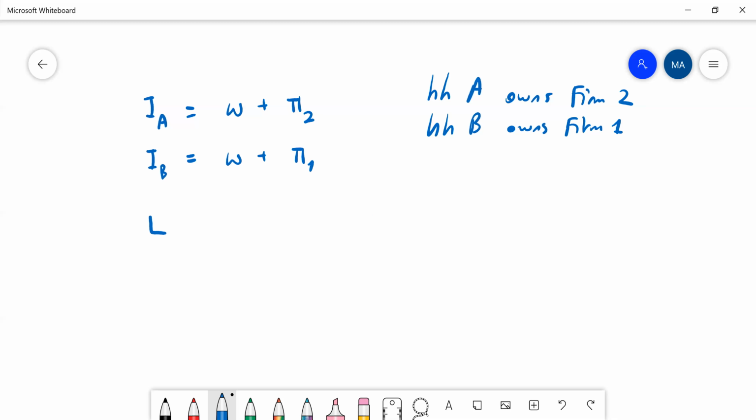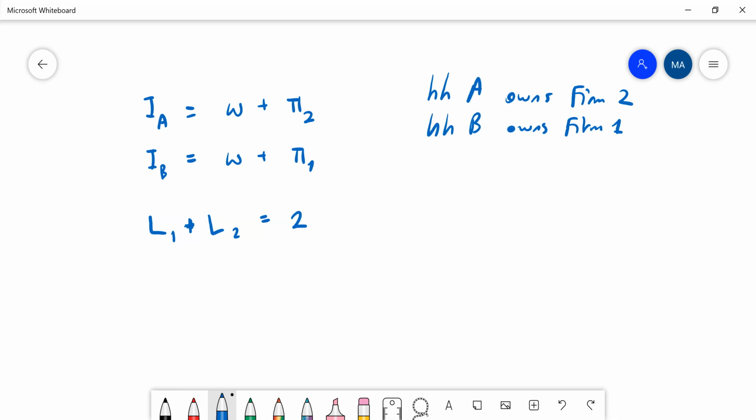And finally, you will have the market clearing conditions. First, you will have labor market clearing. These consumers are in the meantime workers. They supply in total 2 units of labor, and firms will hire possibly both from these consumers, labor L1 and labor L2.